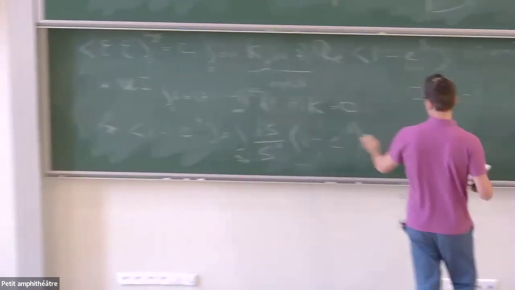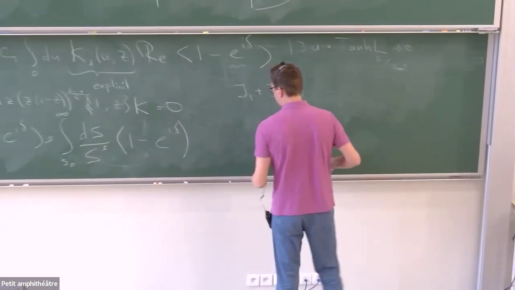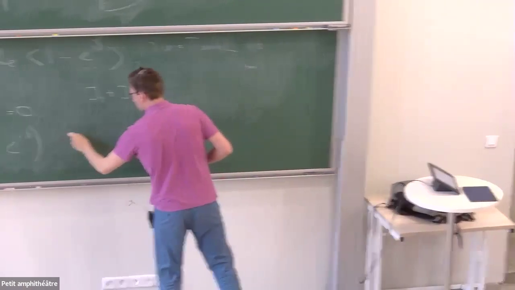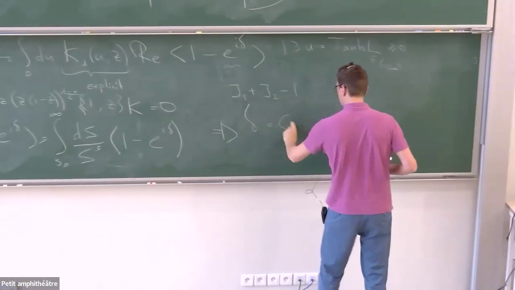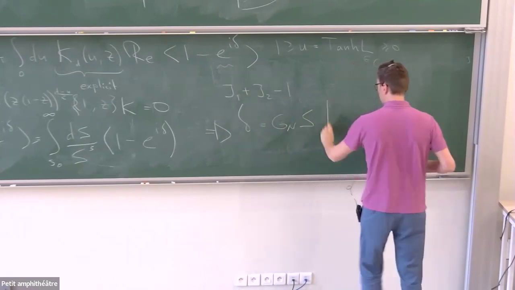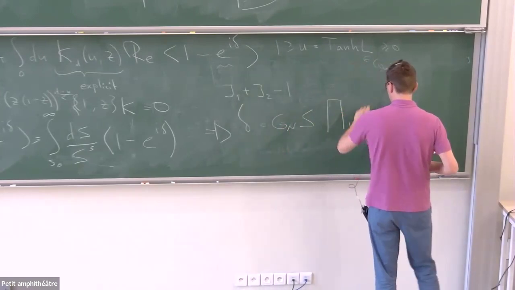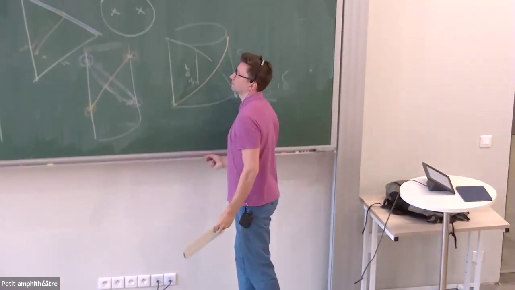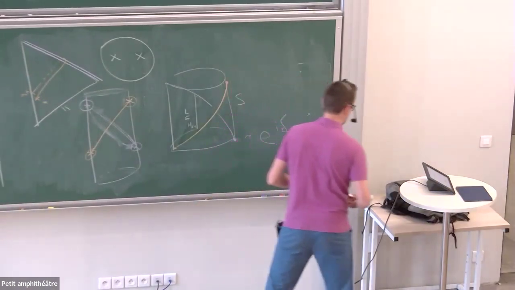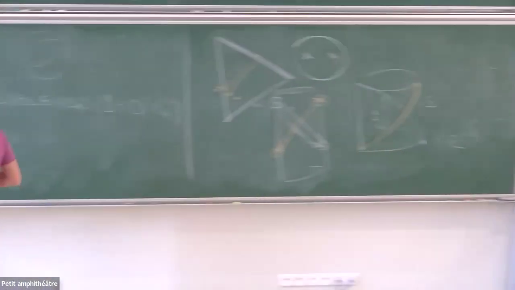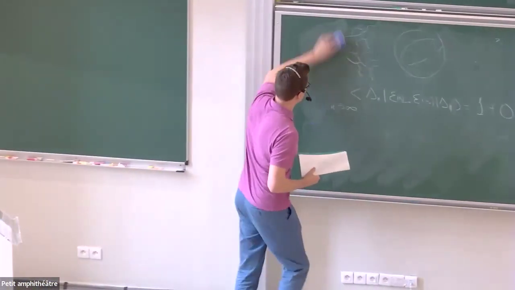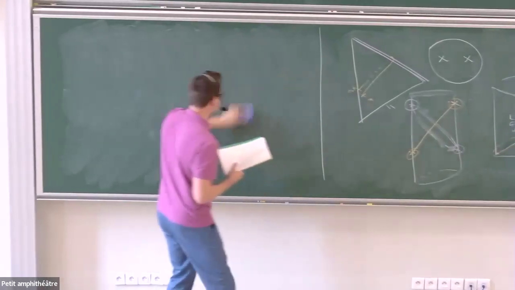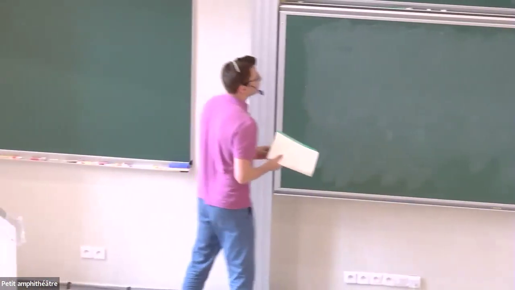So you can ask, what is this delta in gravitational theory? In the gravitational theory, it's given by G Newton S times the propagator in the hyperbolic space. And now you see what happens, because let me try to compute this integral.